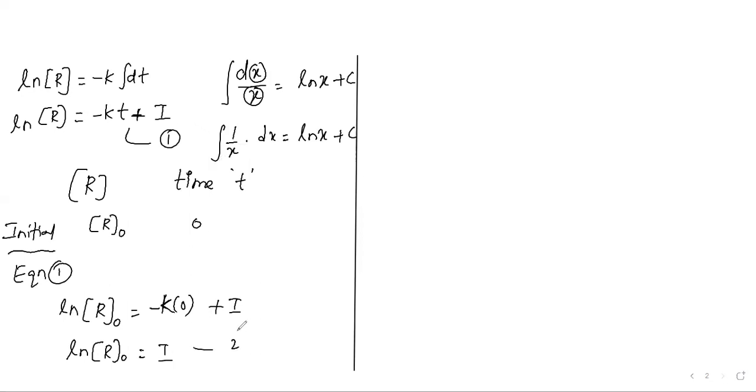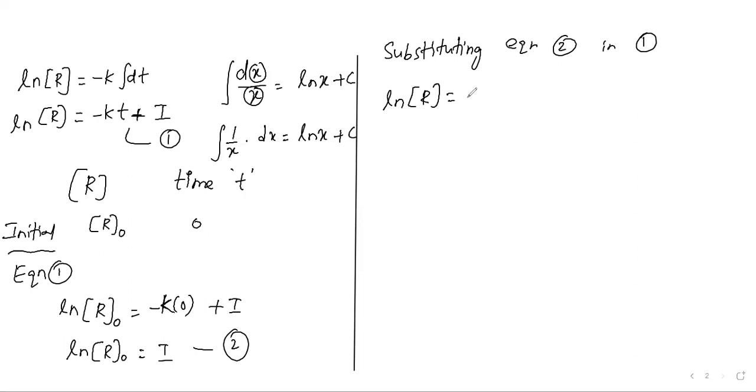Take this as 2. It means that you are substituting equation 2 in 1. So in place of I, you are going to take ln of R0. So ln of R equals minus kt plus ln of R0.